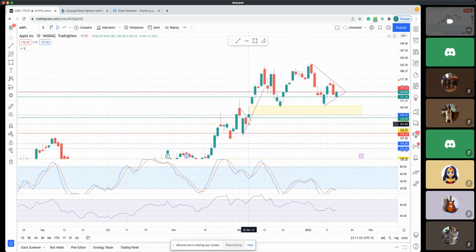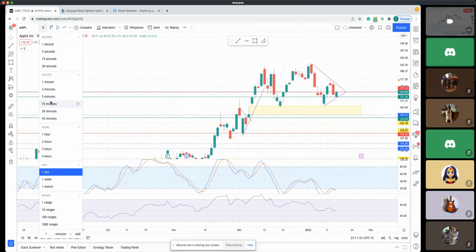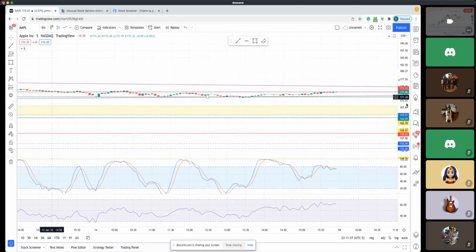I like it. Seems doable. Then your entry's on the 15? My entry's on the 5. On the 5, as soon as I get it. 15 at that point is way too long.